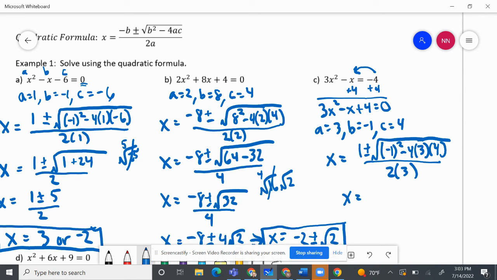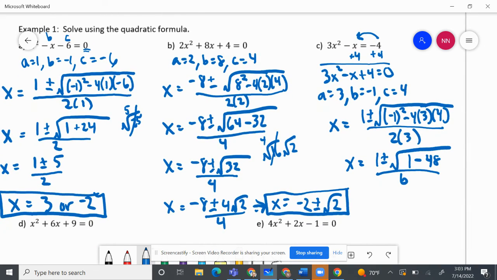That gives us 1 plus or minus the square root of 1 minus 48 all over 6. And 1 minus 48 gives us negative 47.